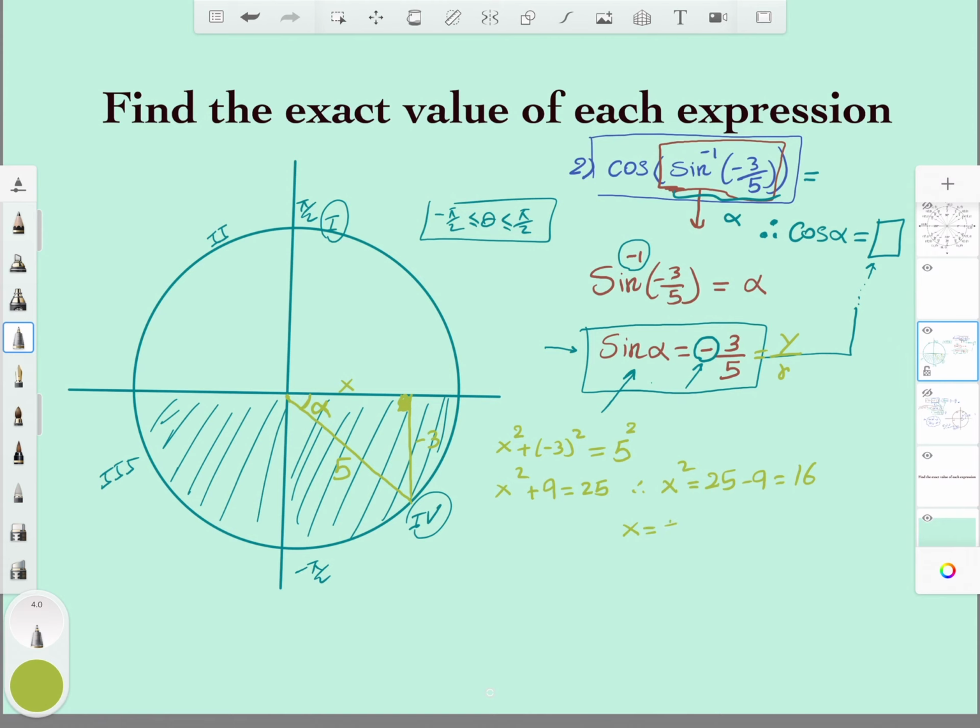X will be plus or minus 4. We get x equal to 4, the positive one, because in this quadrant x is positive. Now that we solved the triangle, we go back to the question. We are looking for cosine of alpha, which is x over r. The answer will be 4 over 5. And you're done.